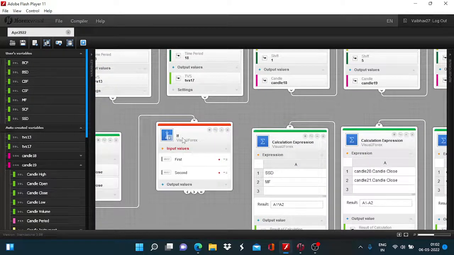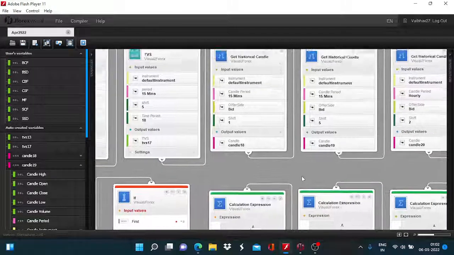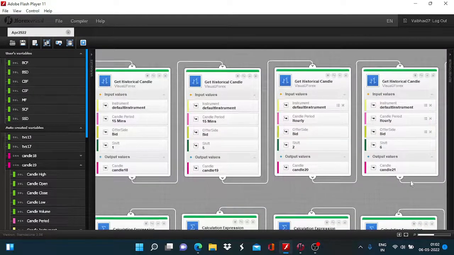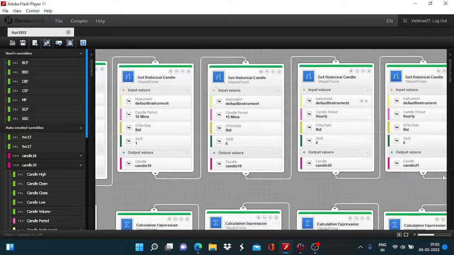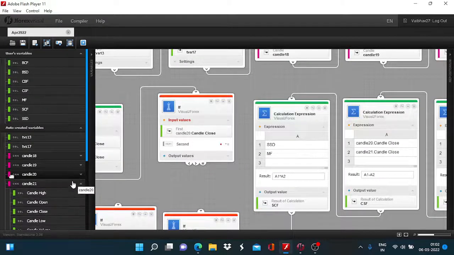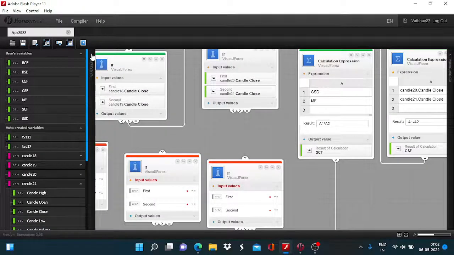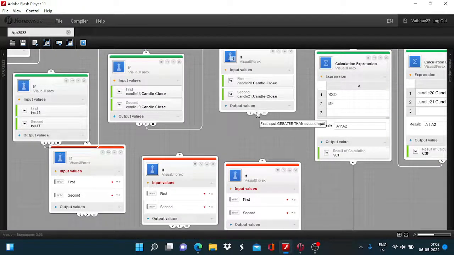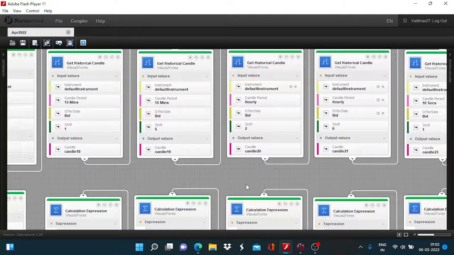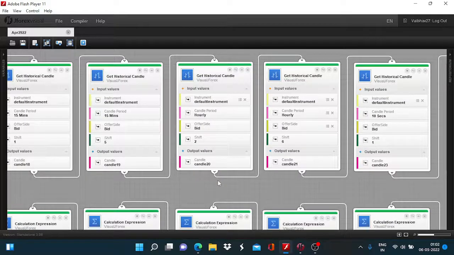On the hourly price action, we need a similar requirement to be true. We need the closing value of candle 20 to be higher than candle 21st candle close. So here there is going to be first input greater than second input. So we have defined the price action requirements.